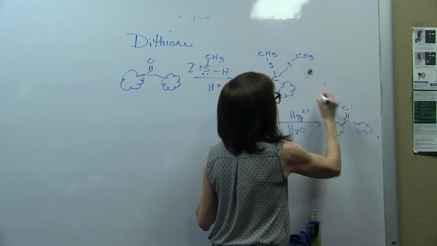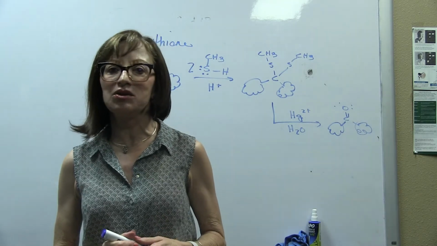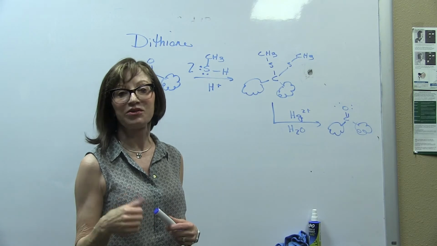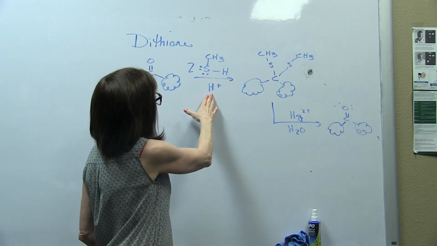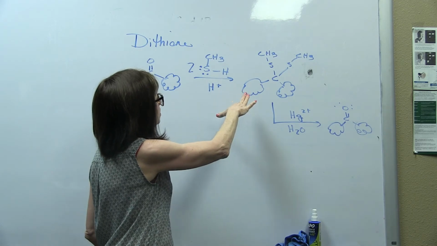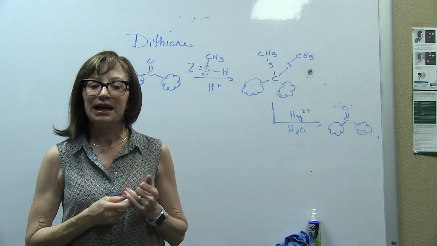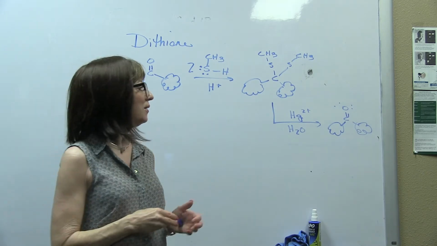So you can see we have another protective group that's very good for ketones. The mechanism is very similar to the mechanism for ketals and acetals. I would ask you as a homework assignment to go through and do this mechanism, and if you need me to work through it, I will for you.